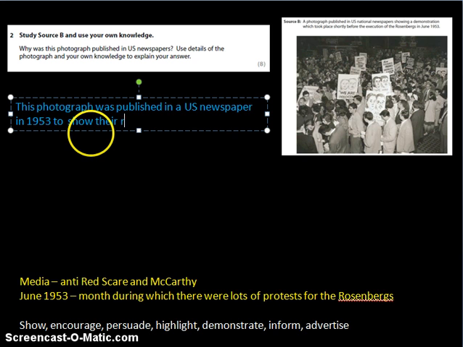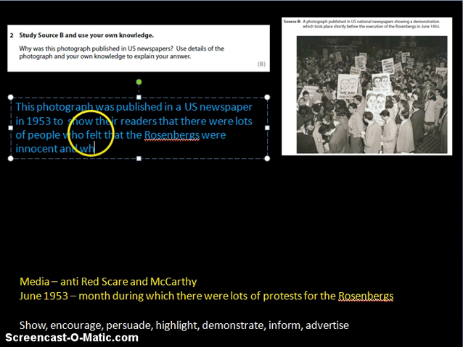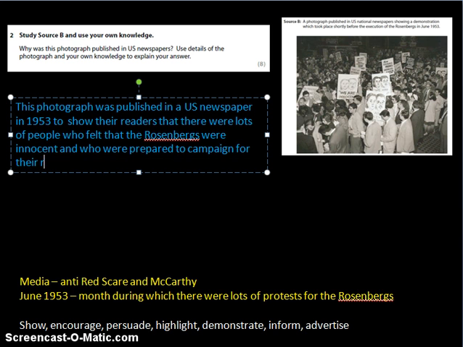Show their readers that there were lots of people who felt that the Rosenbergs were innocent and who were prepared to campaign for their release. Let's go to our next one.